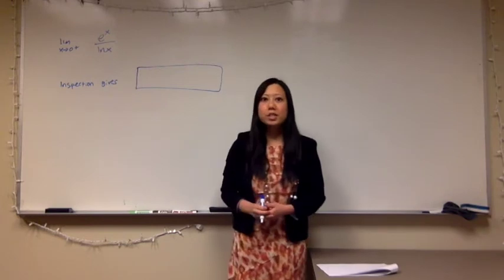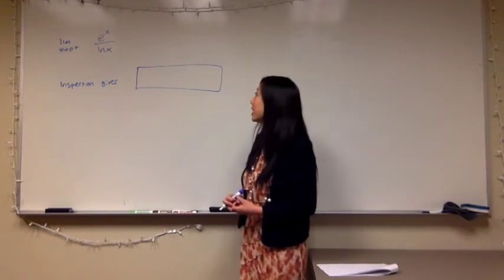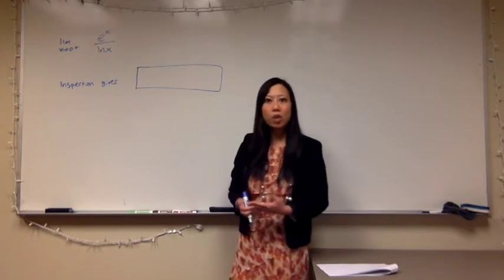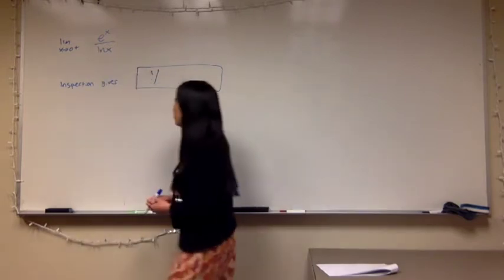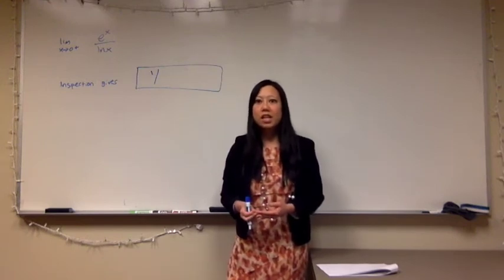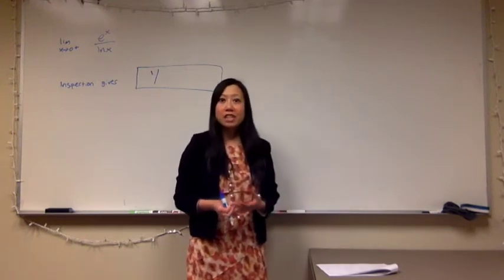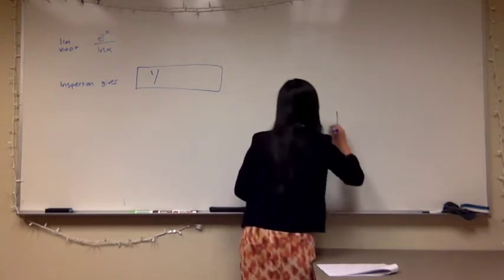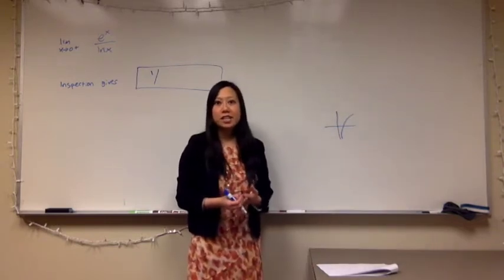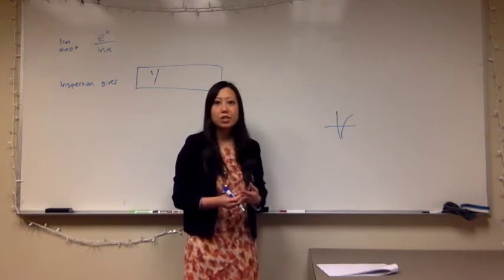Doing inspection on the next one, I can see here that the numerator is going to approach either 0 or 1, but the bottom, I have ln 0, which doesn't exist. You should also know the graph of the natural log function. ln 0 does not exist, since 0 is not in the domain of the natural log function.